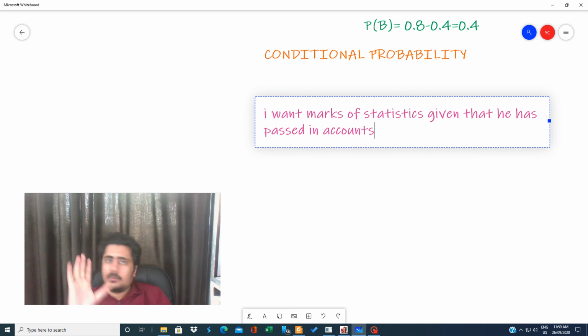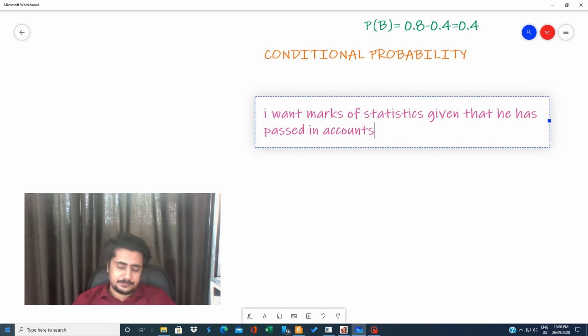That means I want marks of states, but I have kept in condition. I have told that given that is my term of condition: I want marks of states, but the student should have passed in accounts. If the student has failed in accounts, he'll not come to me. I don't want that student. Okay, I want marks of states given that he has passed in accounts.